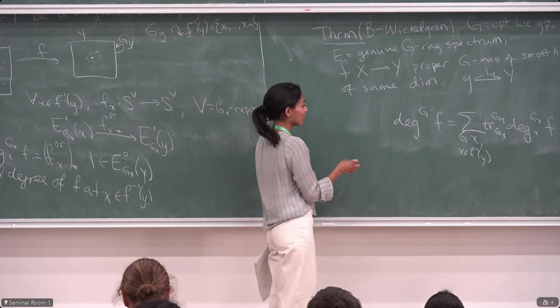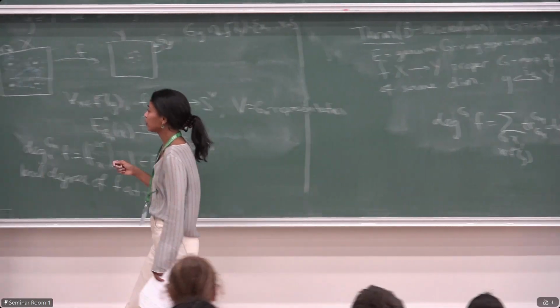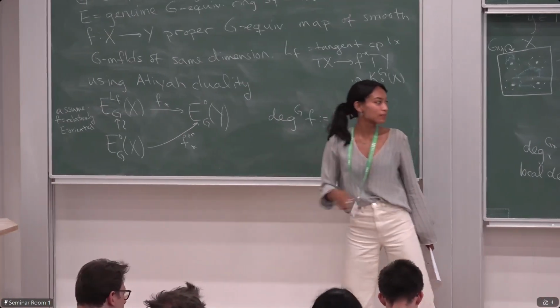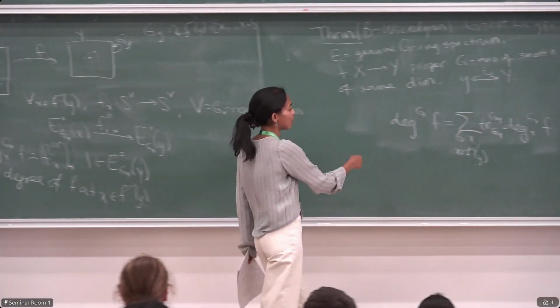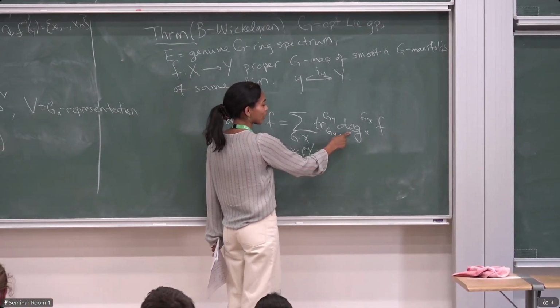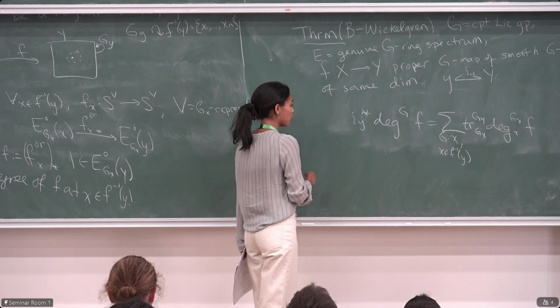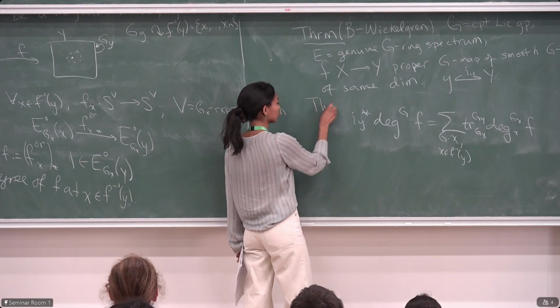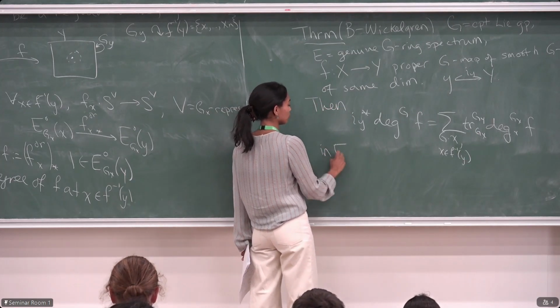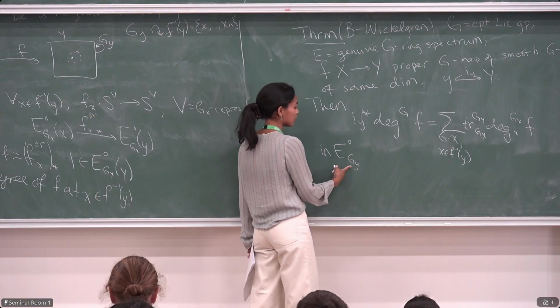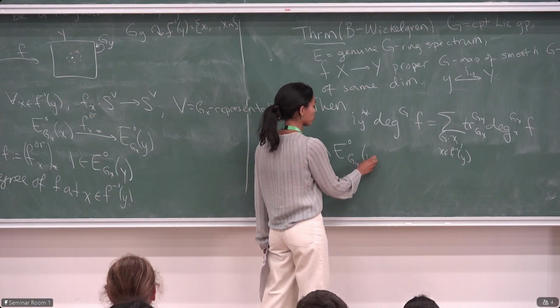This is not quite right. The global degree lives in the cohomology of big Y. These local degrees live in the cohomology of little y, so I have to pull this back to a point. And this equality holds in stabilizer of y equivariant cohomology of the point y.